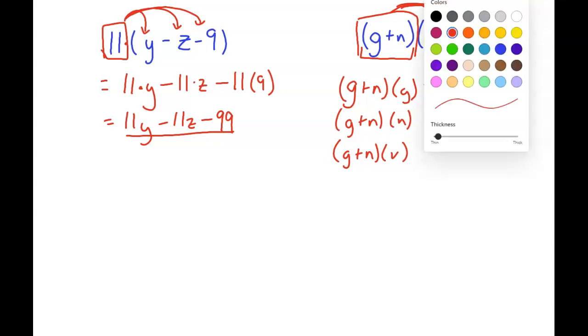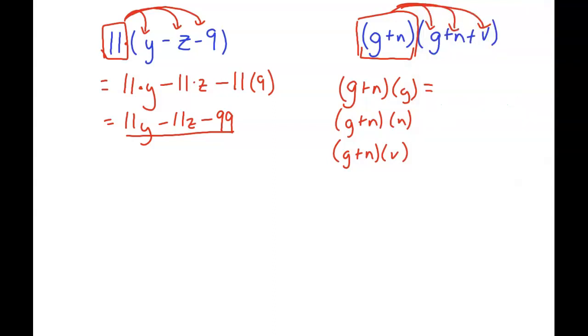Because then whenever I do that, I have to take these and multiply each item by the g, and each item by the n, and each item by the v. So let's start with this one.